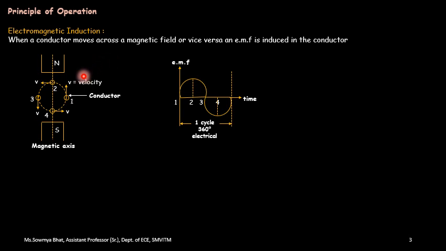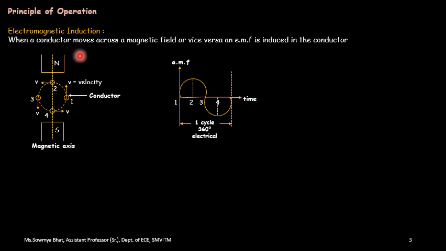I have stated two types of alternators: conductor stationary with magnetic field rotating, or magnetic field stationary with conductor rotating. Whenever a conductor moves across a magnetic field or a magnetic field moves across a conductor, an EMF is induced in the conductor. The EMF induced will be of an alternating type. That's why it is called an alternator.